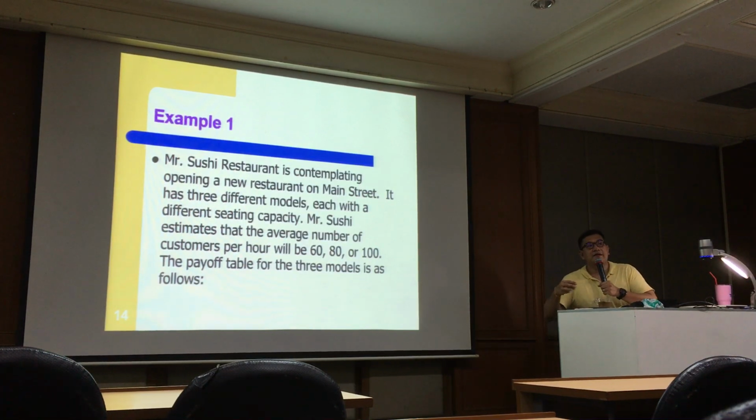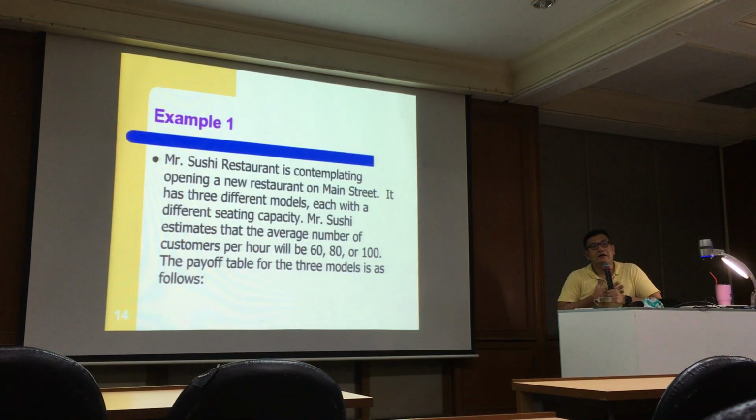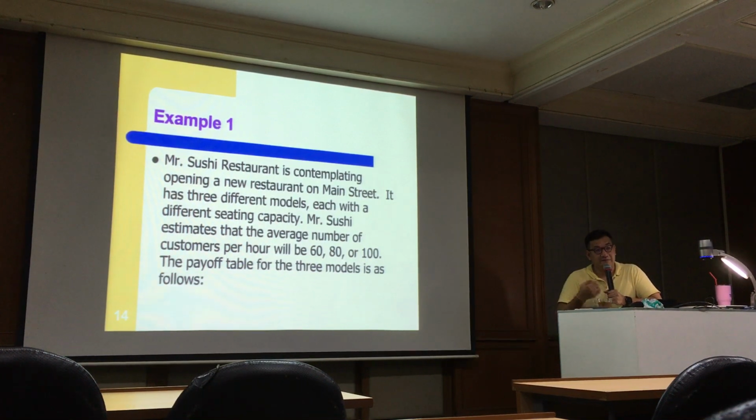Normally, when you try to analyze and make a decision, firstly, you need to list all the alternatives. And the next thing is that you need to expect the future outcome, the future circumstance. For example, let's say you're going to launch a new product, and you have no idea which promotion you're going to apply.